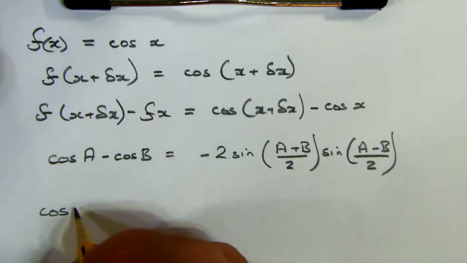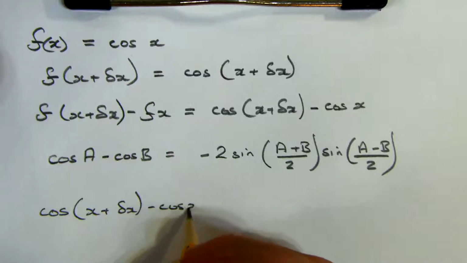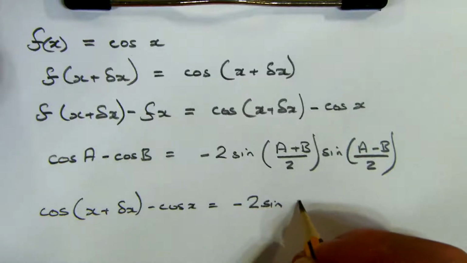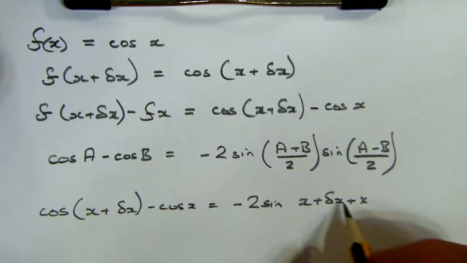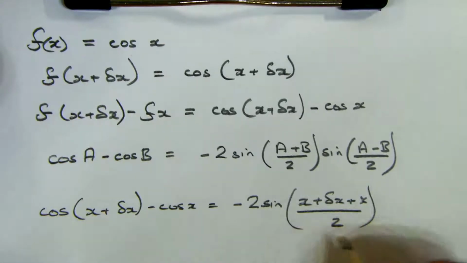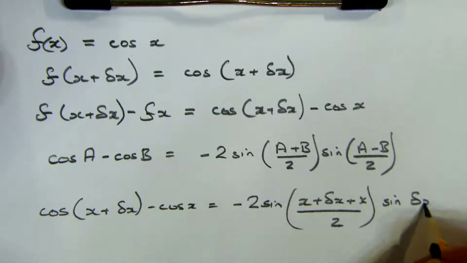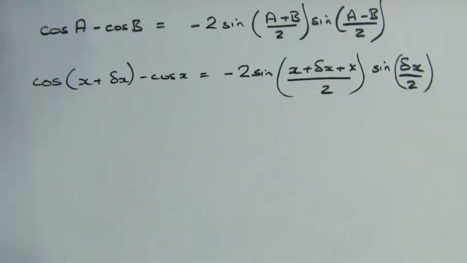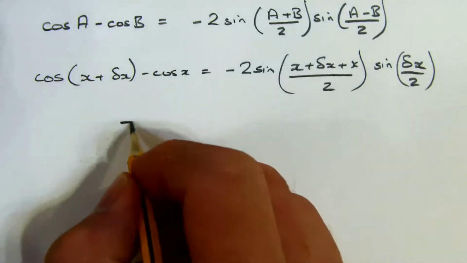So we've got cos of x plus delta x minus cos x is going to be the same as minus 2 sine of x plus delta x plus x, all divided by 2, times the sine of delta x over 2. We can do a bit of tidying up here.